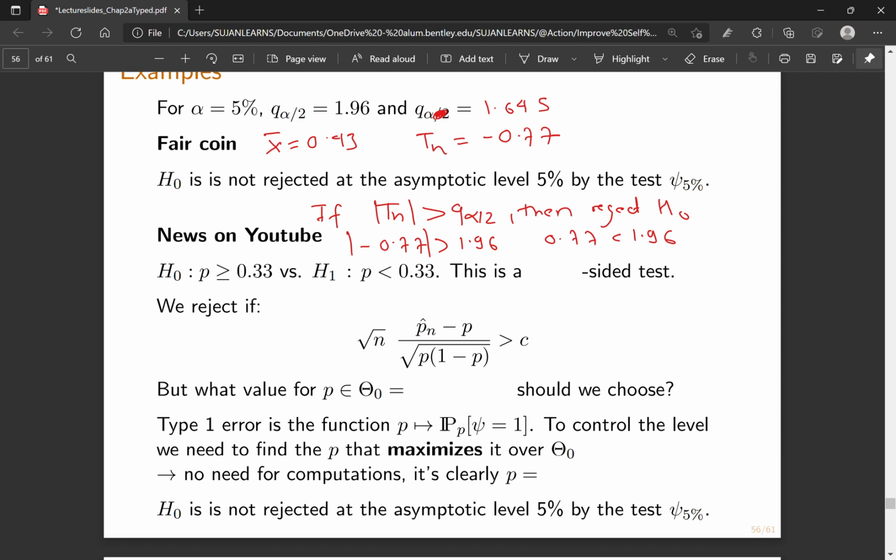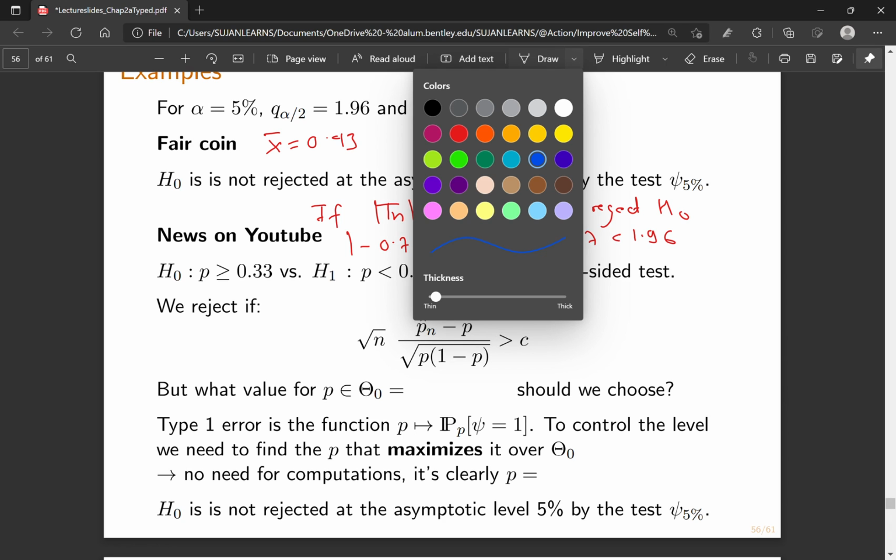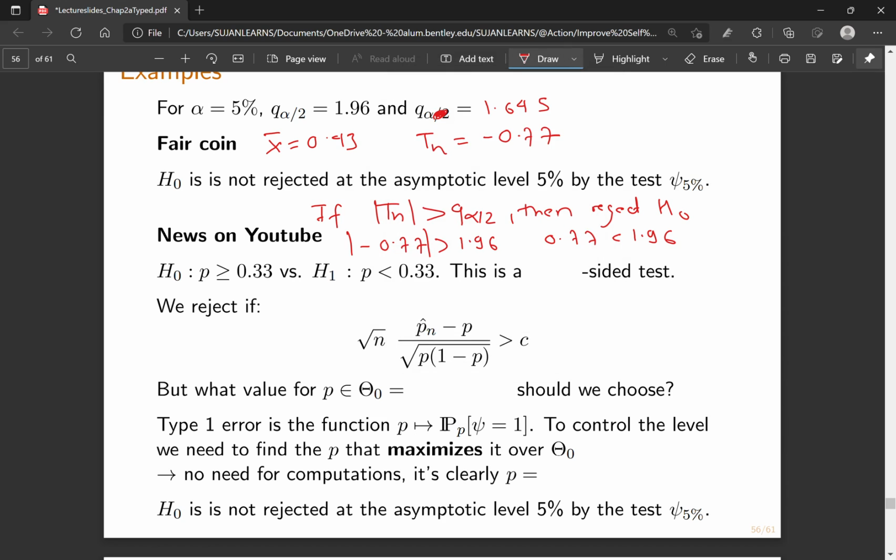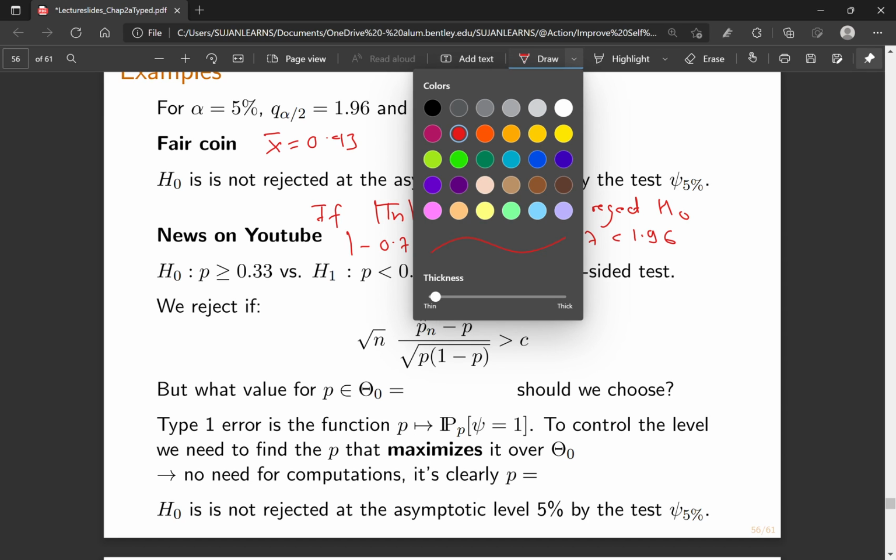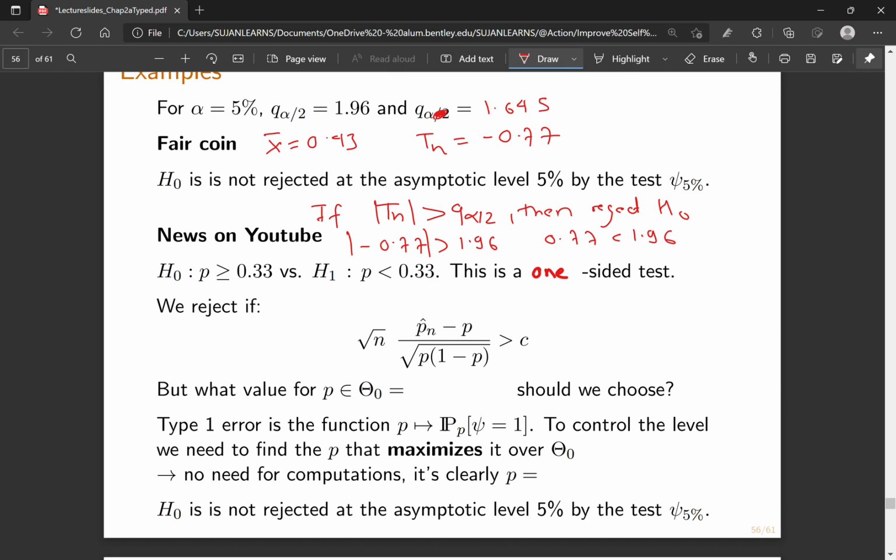The alternative hypothesis is that less than 33% of the people take their news from YouTube. And again, this is a one-sided test.